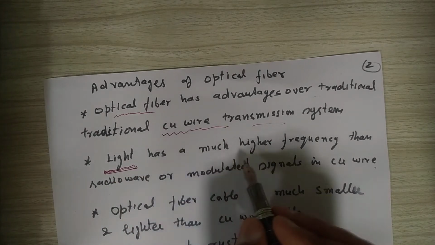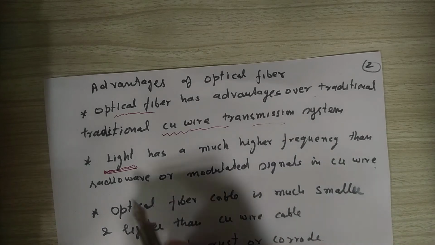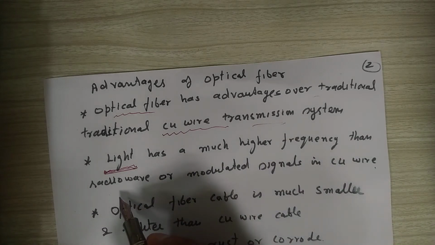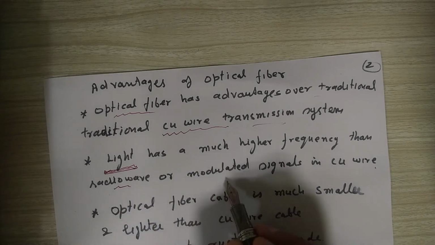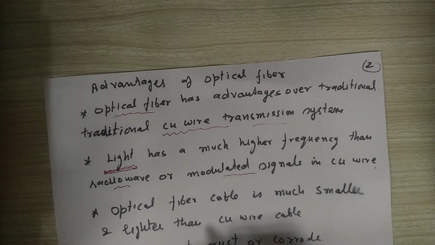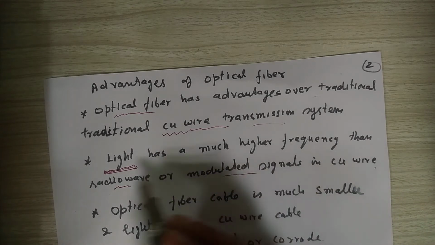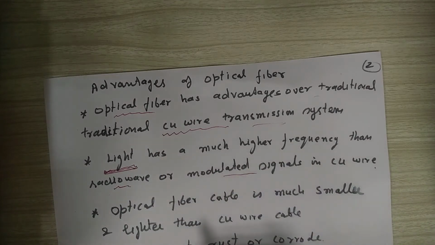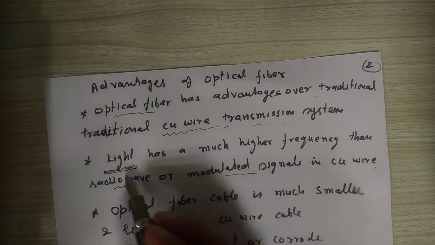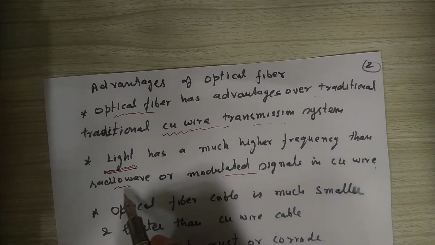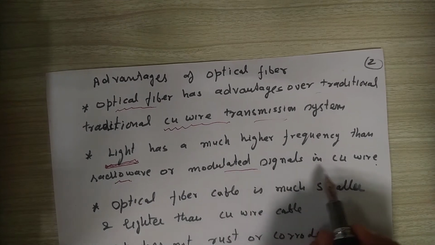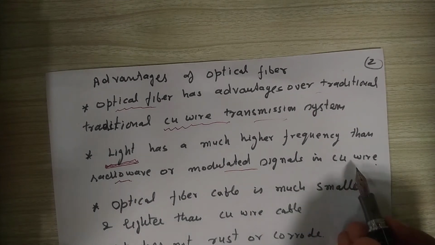And you know that light has a much higher frequency, because in the copper wire system we use radio waves or modulated signals. If we compare their frequencies, in communication we use a high frequency light signal, so this light has a much higher frequency than the radio waves and modulated signals in the copper wire system.